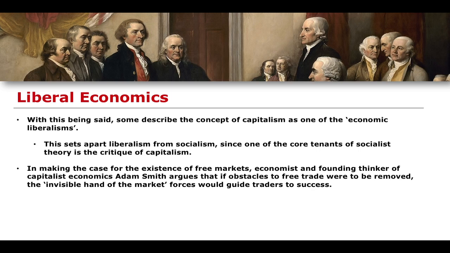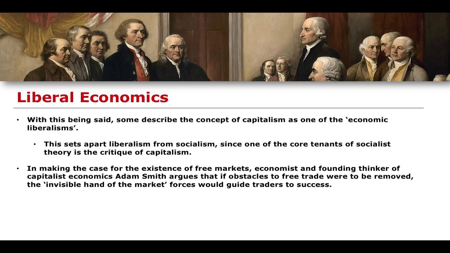Now, one of the founding thinkers of this idea is the capitalist economist, Adam Smith, who argues that if obstacles to free trade are removed, the, quote, invisible hand of the market will force and guide traders to success. So, what Adam Smith is describing here in the, quote, invisible hand of the market is these basic laws and principles that I've just mentioned, the idea of supply and demand and elasticity and market equilibrium.